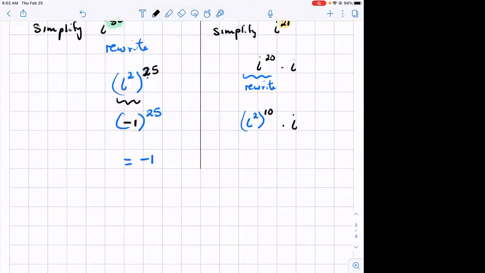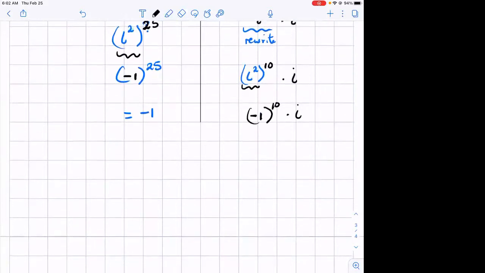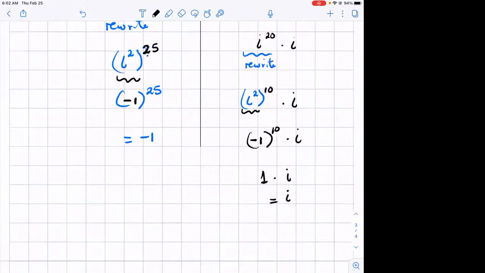We know the inside i squared is minus 1, so minus 1 now raised to an even power. Any negative raised to an even power will produce a positive result. So this becomes positive 1 times i, which is equal to i. So in one answer we have minus 1, in the other answer we have i.